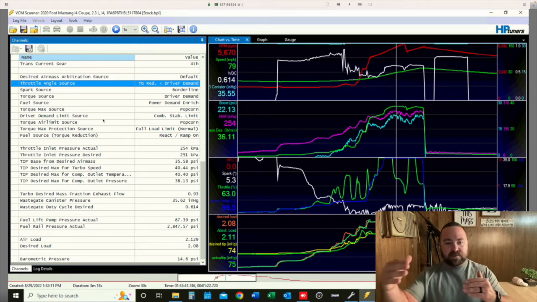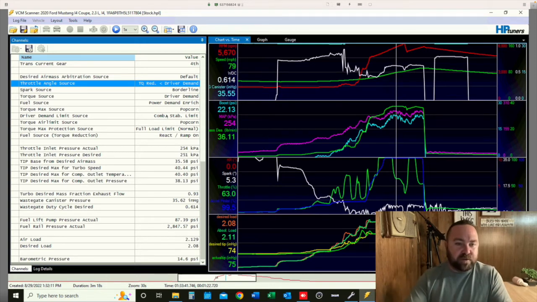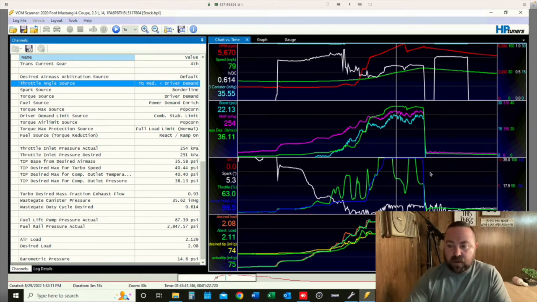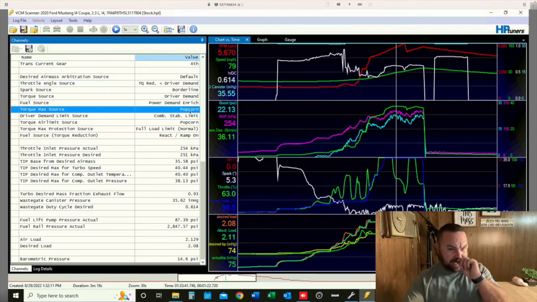So we've passed the parameters that trigger that. That's good. Same thing with our torque air limit sources, popcorn, full load limit. So we really don't have any limiters stopping us from going any higher other than our LSPI.